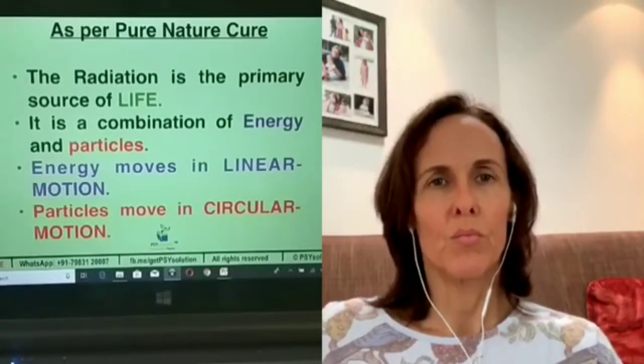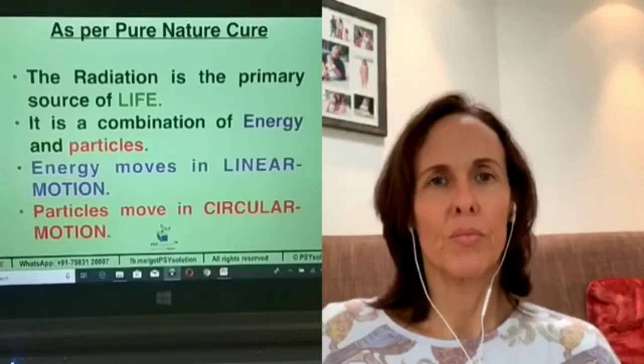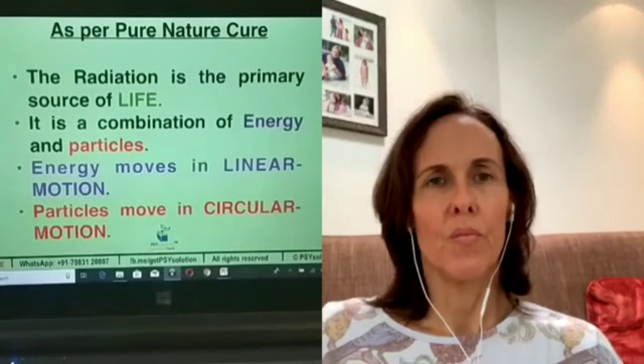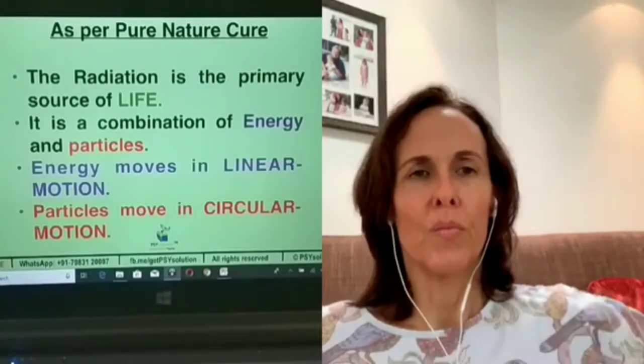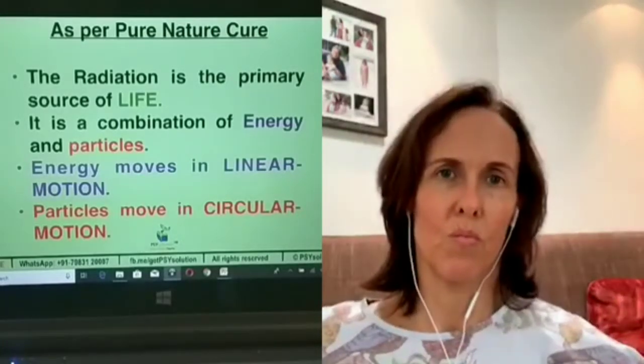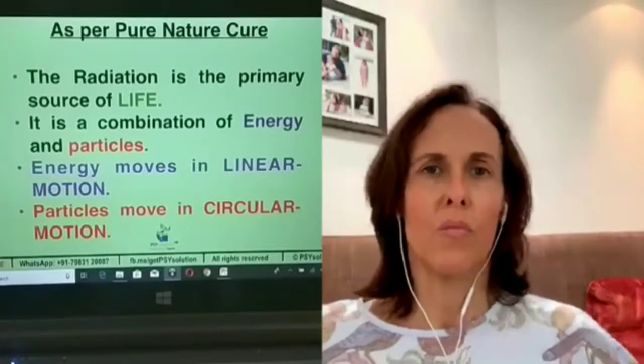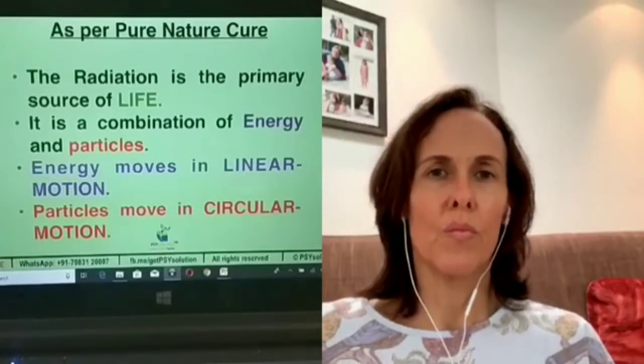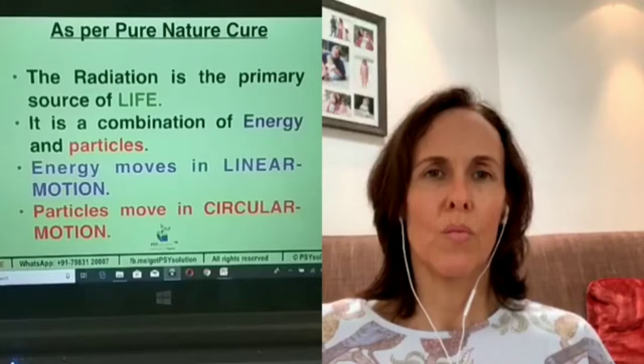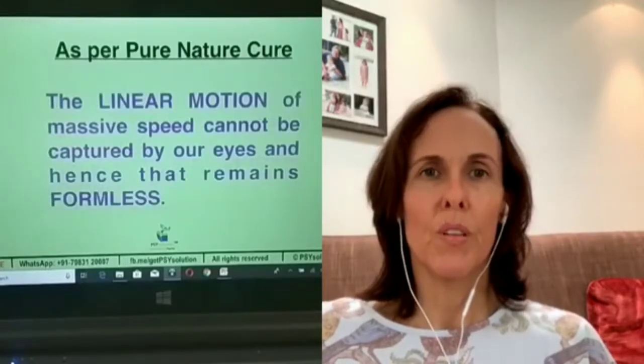Energy and particles. So when we talk about this galaxy, the primary radiation is the solar radiation, the sun radiation. It has both the energy and the particles. Now the energy moves in a linear motion, in a straight line. And the particle moves in a circular motion. Particles are circular in terms of their motion.